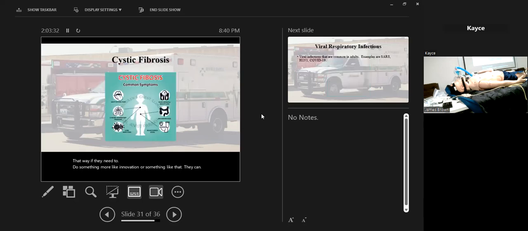Okay. Some common symptoms: salty tasting skin. Oh, I'm not going to be looking at their skin to find out. Poor growth or severe weight loss. Mucus in the digestive tract.